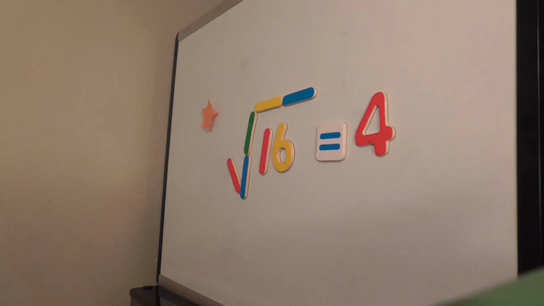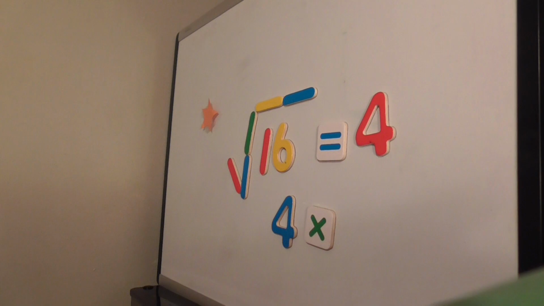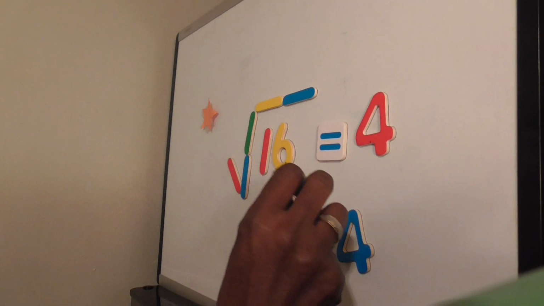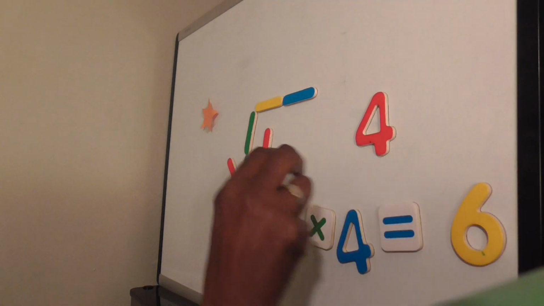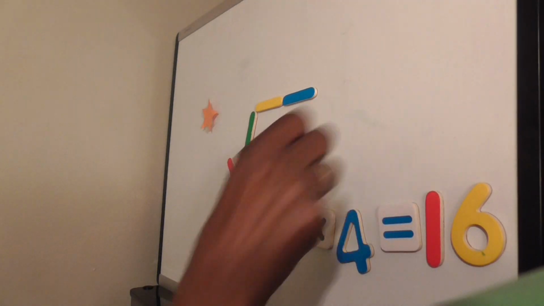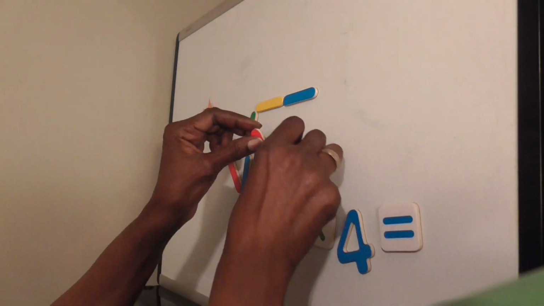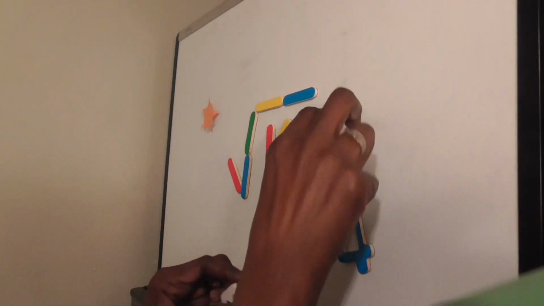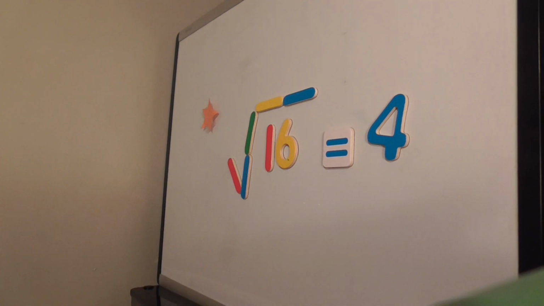By definition, it must mean that 4 times 4 equals 16. True. Therefore, the square root of 16 equals 4, because 4 multiplied by itself equals 16.